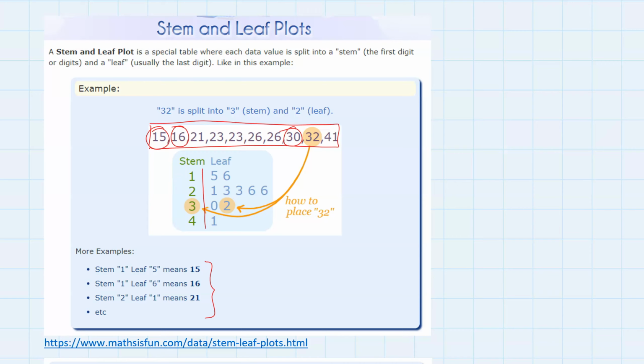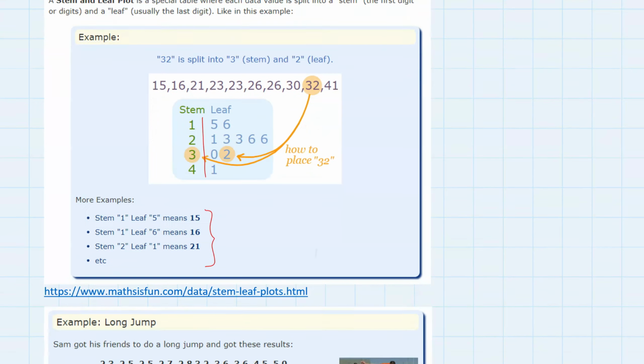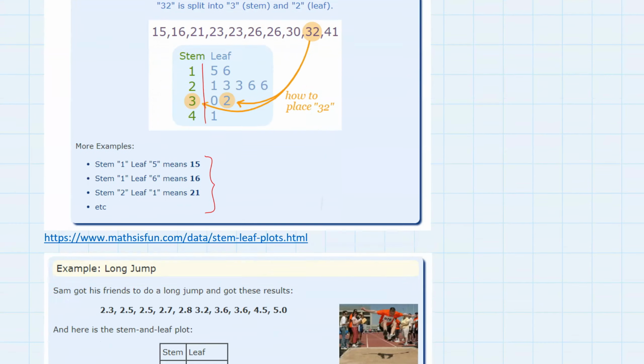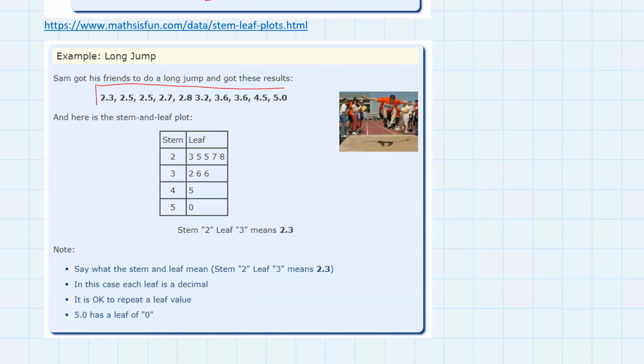As I said before, if we go down to this data set underneath, you'll notice that this one has a list of numbers that have decimals in them. Just as we were talking about before, you can still write the numbers without the decimal point, but you'll need to explain how to read it in a key underneath your stem and leaf plot.